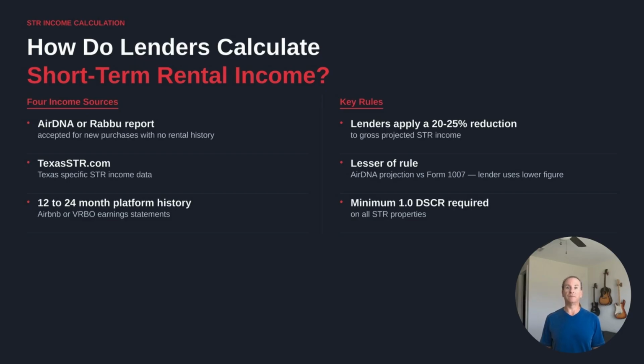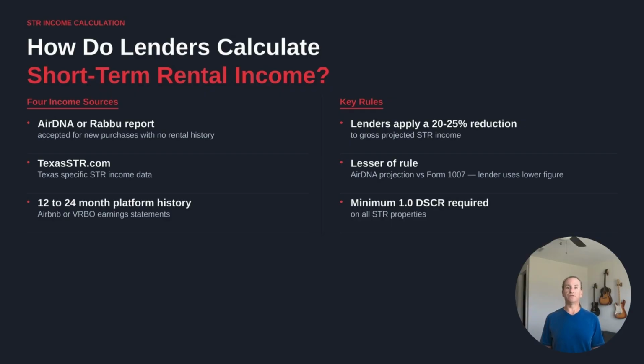There'll be some lulls in activity certain months where the rental property won't be rented as often as in the peak travel season or vacation season for that particular property, especially if you have a property like in South Padre, Port Aransas, that sort of thing. Lenders also apply a 20 or 25% reduction in the actual income itself.